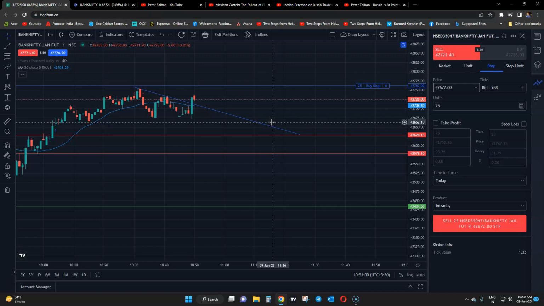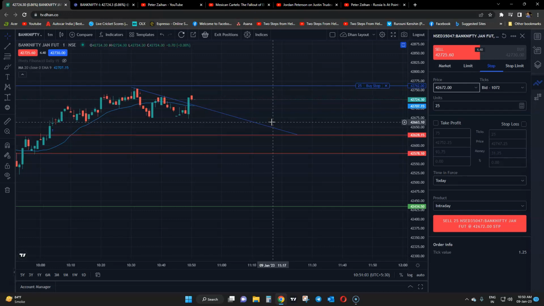Well, somehow this looks indicative of the end of the leg down. Somehow, not very certain. It looks like that. Here. 1, 2.